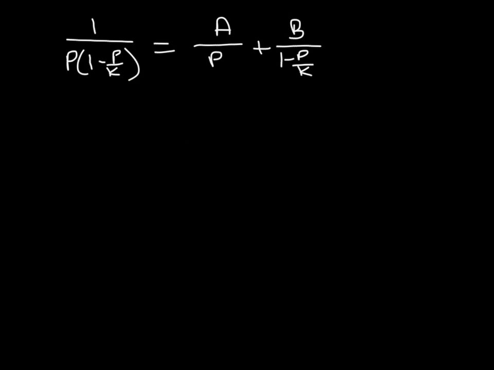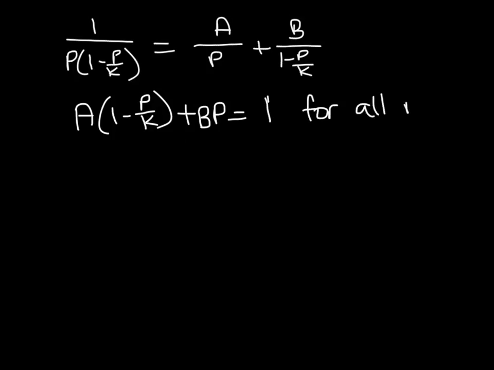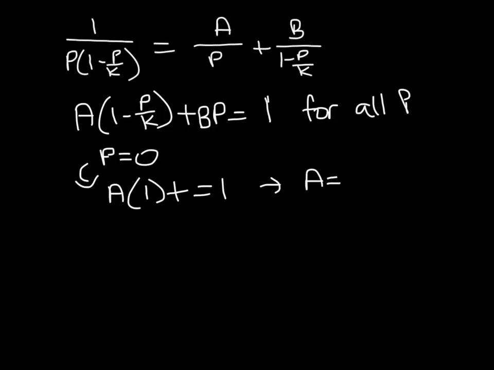And so we can write that A times (1 minus P over K) plus B times P equals 1 for all P. Now I'm going to go ahead and plug in P equals 0, and that tells me that A times 1 plus B times 0 equals 1, so A equals 1.